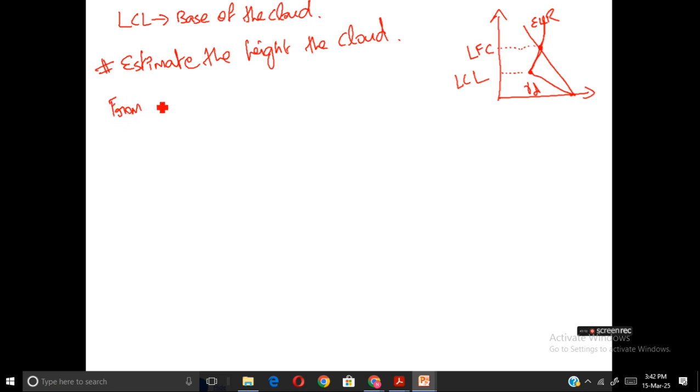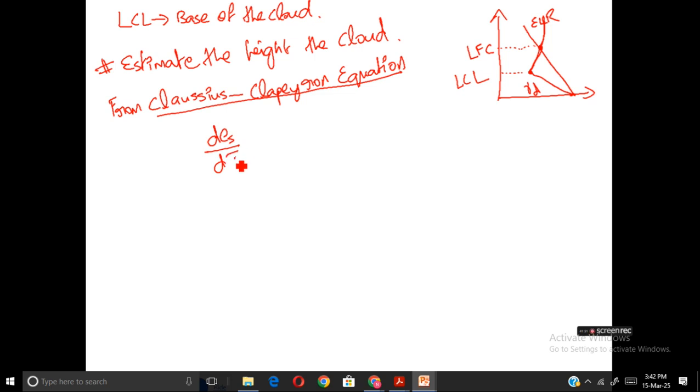So from the Clausius-Clapeyron equation, we know dEs by dT is equal to minus LV Es by RV into T squared.